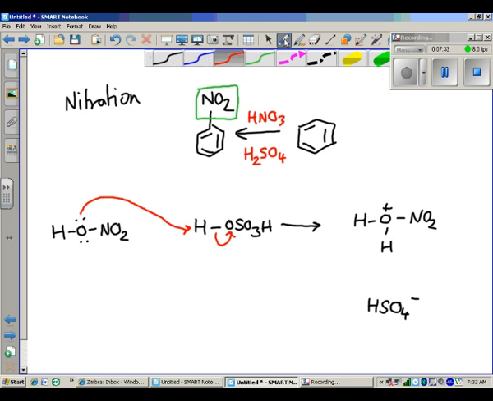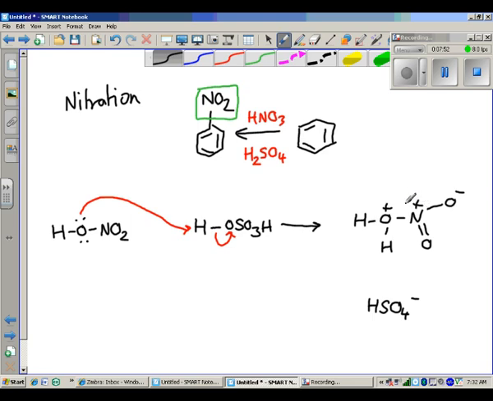And if I draw this group out in a little bit more detail, if I actually draw my bonds on here, so we have this, and we have this. I have a negative charge on here, a positive charge on here.